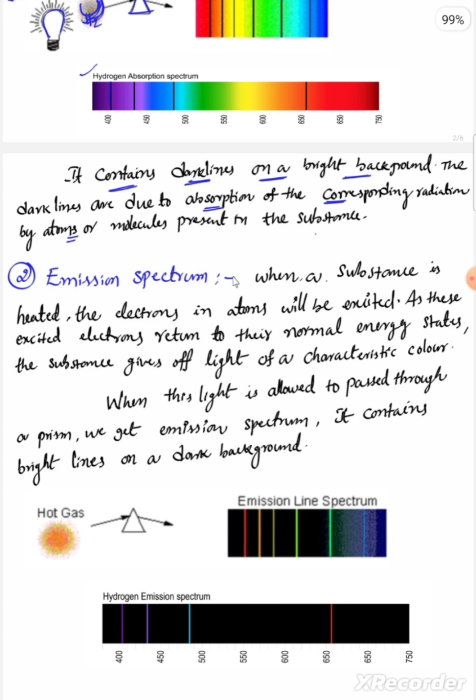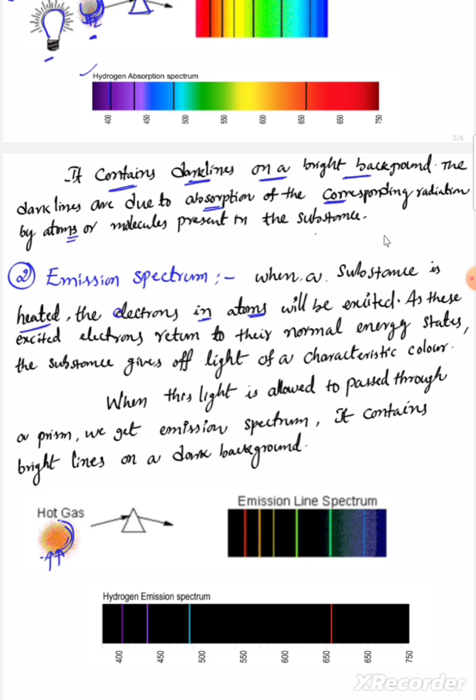What is emission spectrum? When light is passing on an object, we get an absorption spectrum. Here, the substance is heated; we are giving the substance energy. When a substance is heated, the electrons in atoms will be excited.